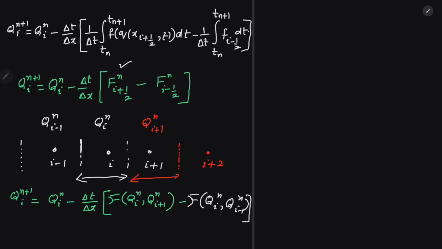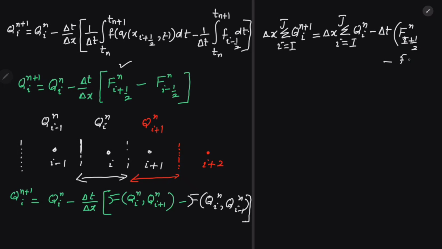So what we do, we have a problem. For example, we just take a sum over delta x, i equal to capital I to J, of Qi^(n+1), is equal to the sum of delta x, i equal to I to J, of Qi^n minus delta T times (F^n at i plus 1/2 minus F^n at i minus 1/2).